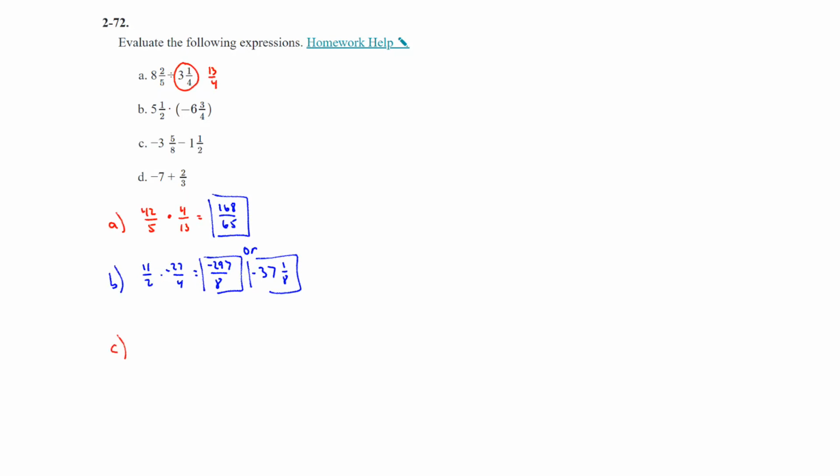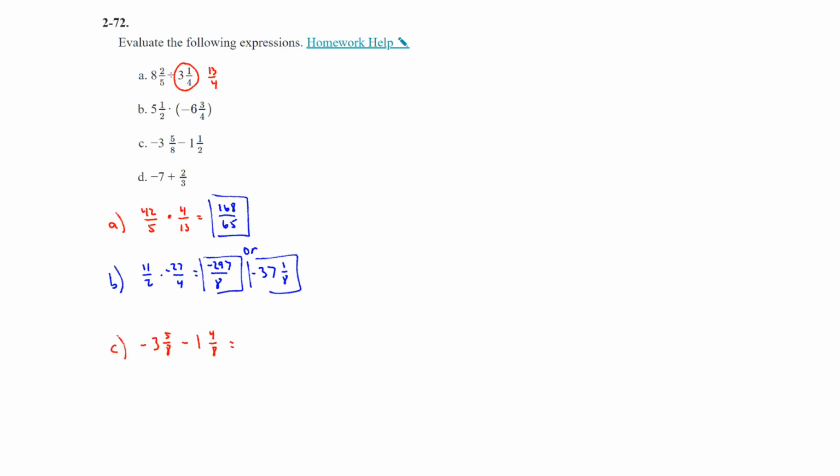On part C, we have subtraction. So we have negative 3 and 5/8, and we could change these to improper again. I'm just going to find the common denominator of the fractions that we have. And so that would be negative 1, and then 1/2 you could rewrite as 4/8. And then you could just subtract accordingly.